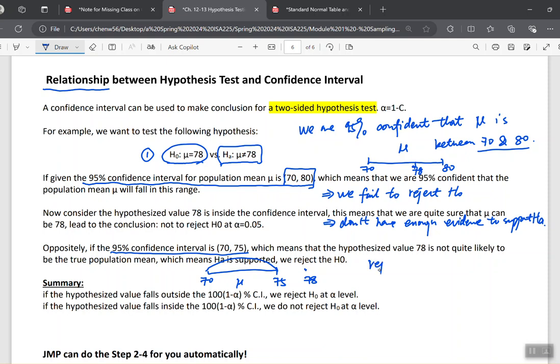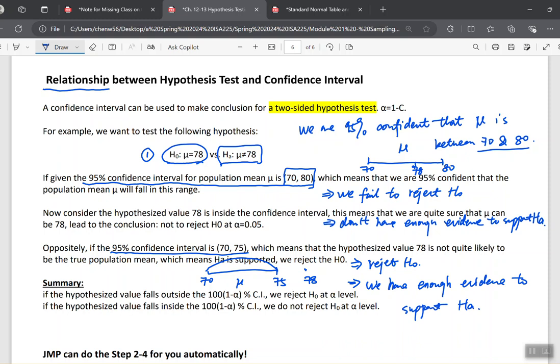That means what? That means we reject the null hypothesis. That means we have enough evidence to support our alternative hypothesis.